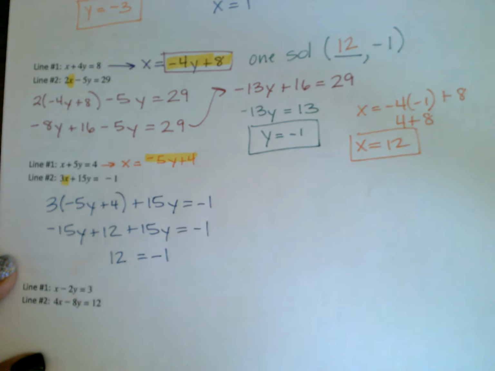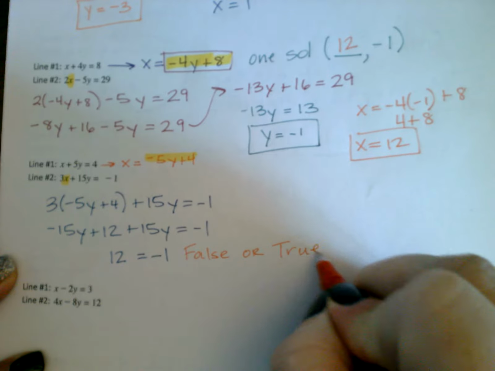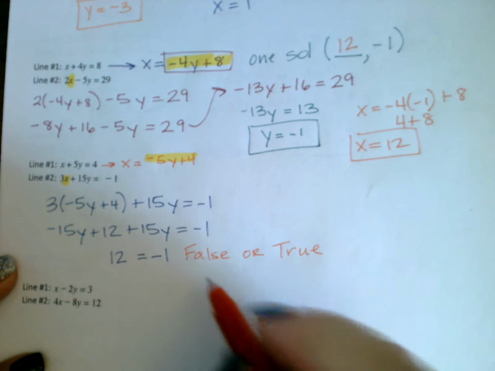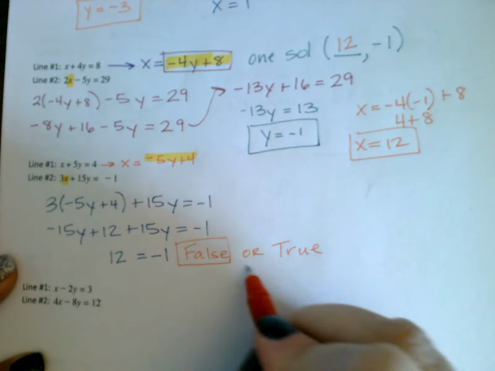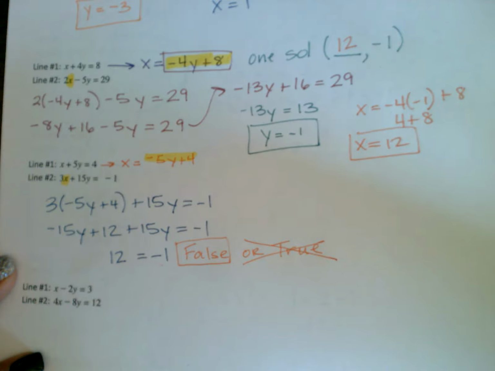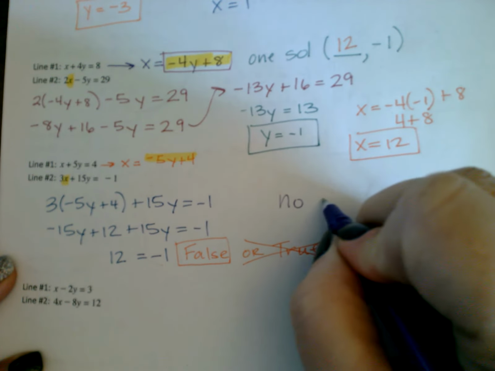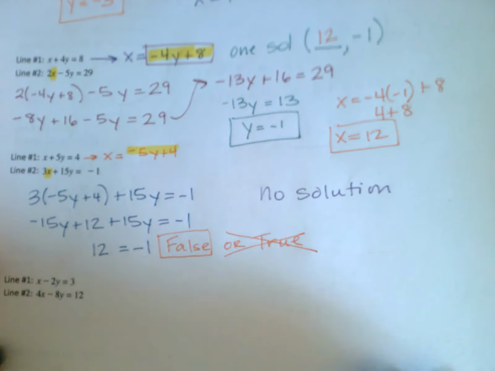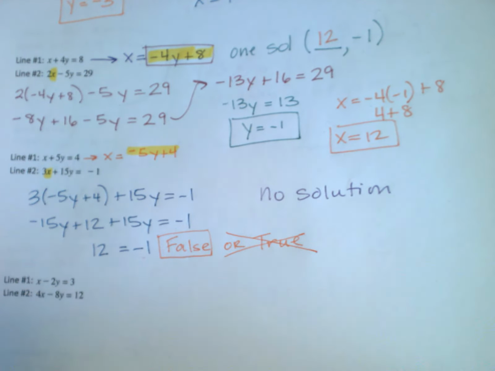Oh, so now I am left with the statement 12 equals negative 1. We're going to have to think back to when we were doing this before. Is that a true or false statement? That is definitely false. 12 and negative 1 will never be the same. When you run into a situation like that, that means there will be no solution.